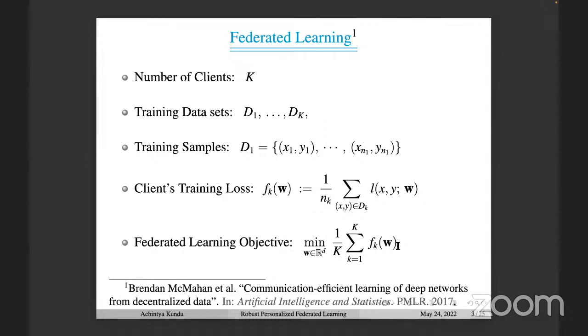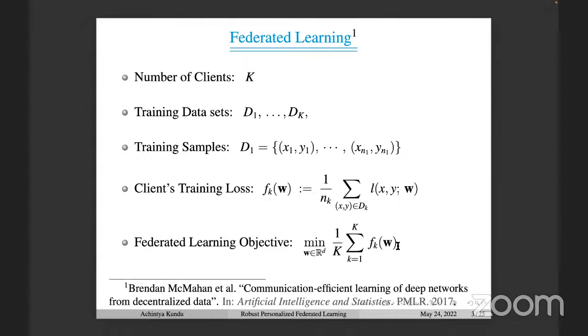The only problem is each of these devices or mobile phones may not always be present, they may not always communicate, or they may not always participate. So these are the constraints that we have in federated learning. You cannot always assume that these clients are available and they will update you in a timely manner.